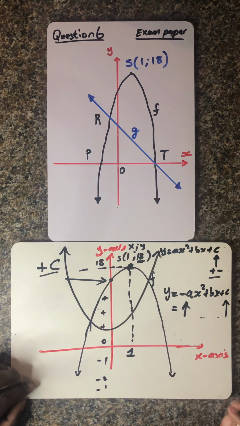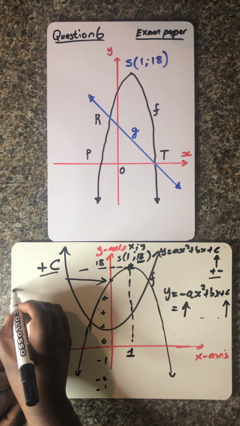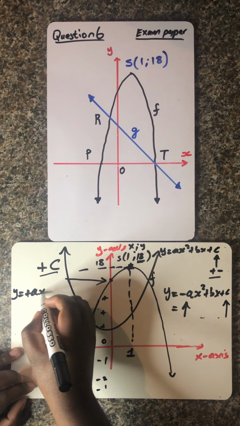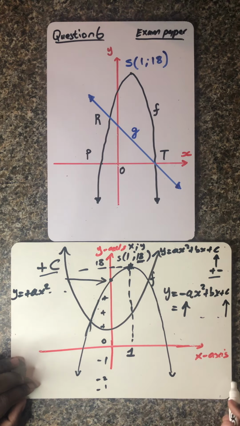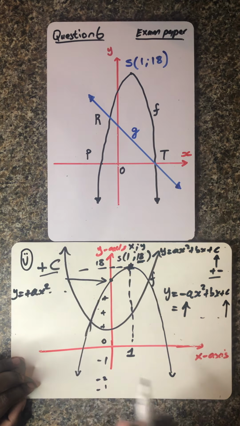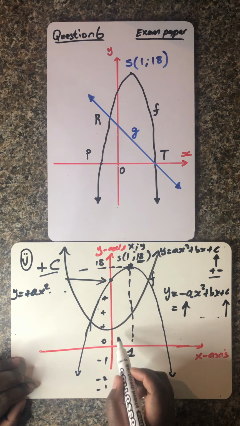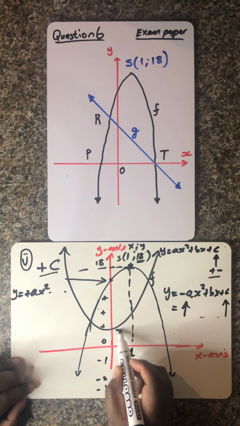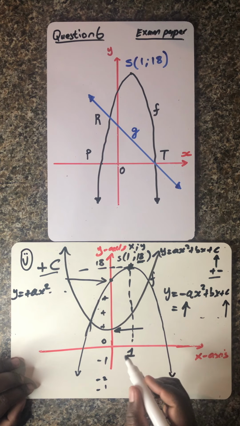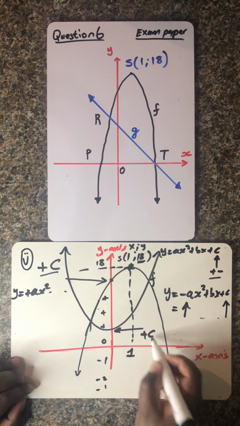Obviously, ladies and gentlemen, we know it should be y equals a positive a and everything else. Why? Because we've got a smiling shape. So one thing for sure, our c value should be a positive c.